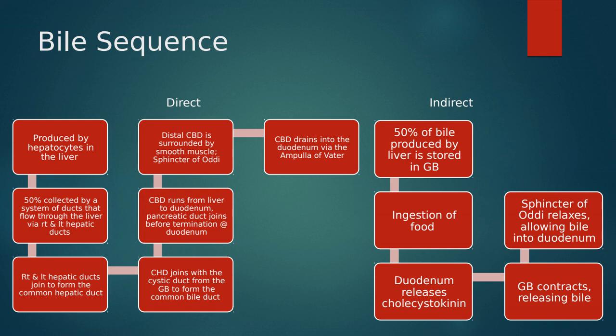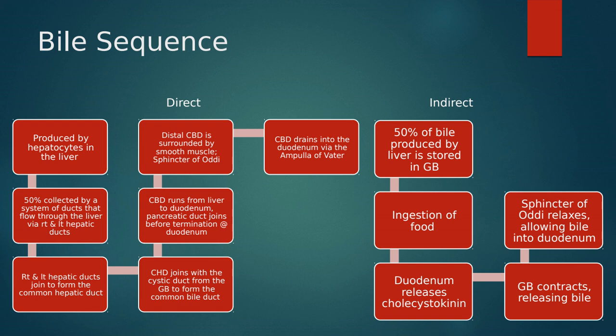The direct bile sequence is a continuous pathway of bile that's constantly flowing at all times. Half of our bile is going to be considered a direct pathway. The other half is going to be considered indirect.